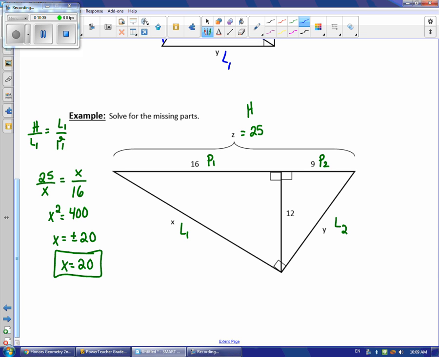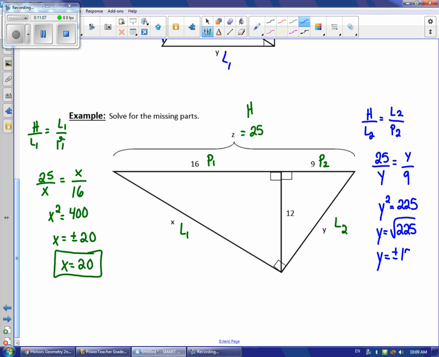Okay, and over here, I'm going to solve for Y using HELP with leg 2 and part 2. 25 over Y equals Y over 9. Y squared equals 225. And we get plus or minus 15, and we are only going to keep the positive answer.